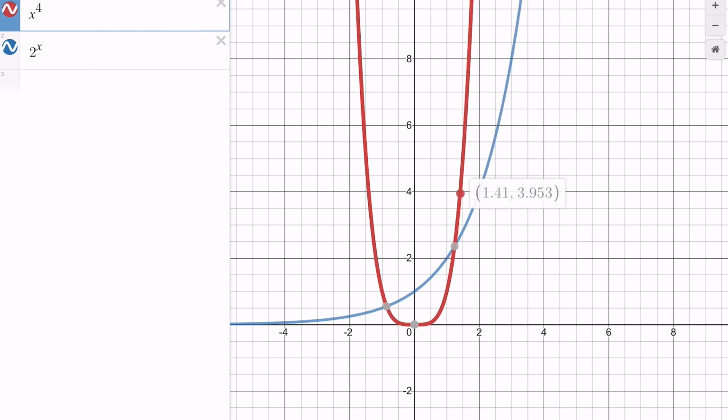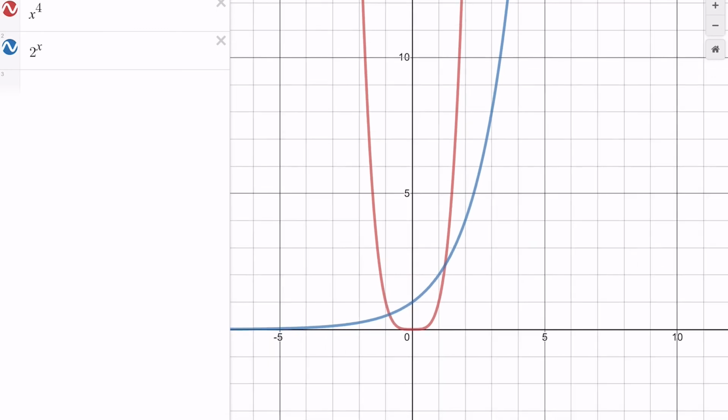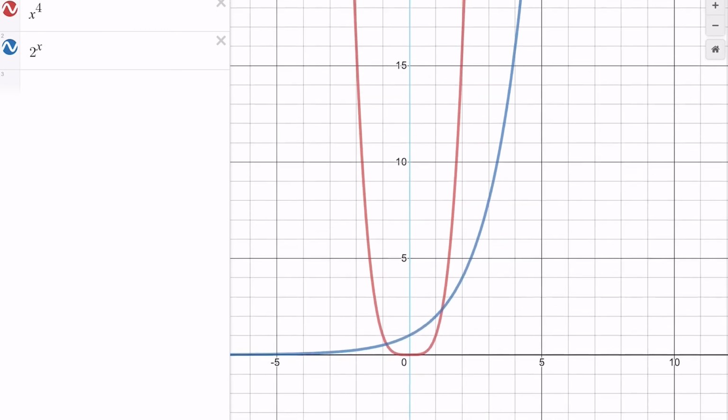And a lot of students would say, well, there you go. There's the proof. X to the fourth is growing way faster. At 1.7, it's almost at 10, and at 1.7, this other function is at like 3. Yeah, and that definitely makes us think that it's going to grow faster, right?